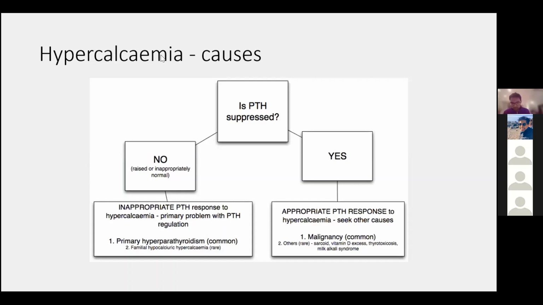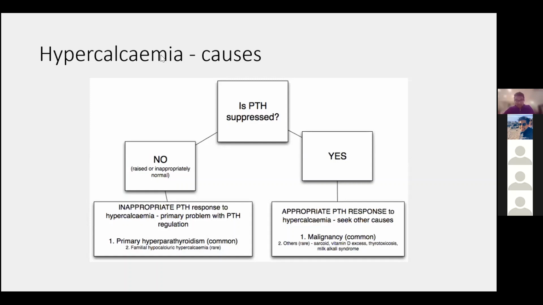A more rare cause is familial hypocalciuric hypercalcemia, due to a mutation in your calcium sensing receptor. It means that the threshold at which PTH secretion is acted on is changed.